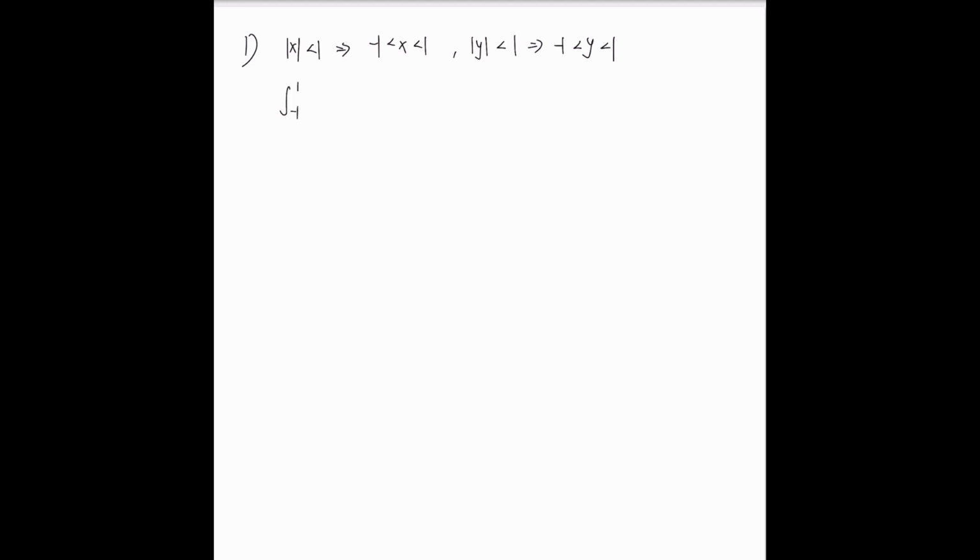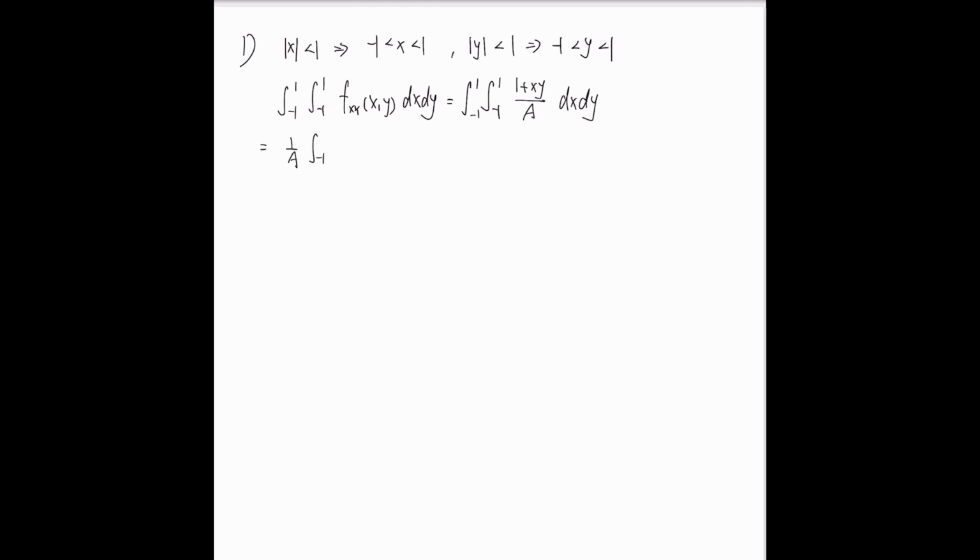Integral -1 to 1, integral -1 to 1, f_XY(x,y) dx dy equals integral -1 to 1, integral -1 to 1, (1 plus xy) over a dx dy equals 1 over a integral -1 to 1 of [x plus y times x squared over 2] from -1 to 1 dy equals 1 over a integral -1 to 1 of 2 dy equals 1 over a times 2y from -1 to 1 equals 4 over a. It should be 1, so a equals 4.